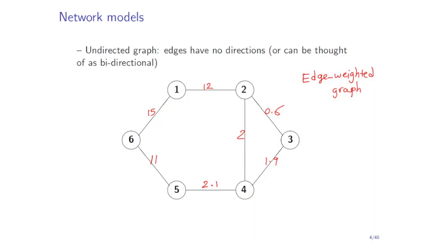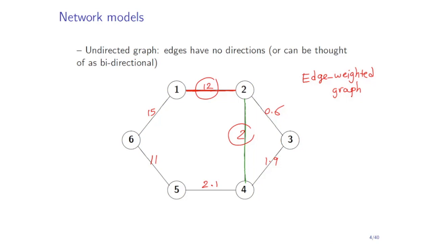For example, if this is a graph that shows similarity among vertices, like what I explained on the network of businesses, when you have a thicker edge, this means that the relation between these two is stronger than the relation between these two. So you want to represent the strength of this relationship with a number. In a similarity graph like this, the edge weights represent the extent of similarity.